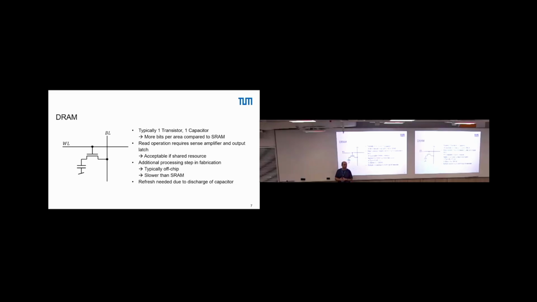Why do they want to do this? Because this is a little bit slower than SRAM, but you can have massively more memory on the same area for the same cost. And if you now think of new applications for AI, what they need is a lot of memory because all this AI stuff is incredibly memory hungry. You have to load a lot of data, you have to construct a lot of data, and so on and so forth.